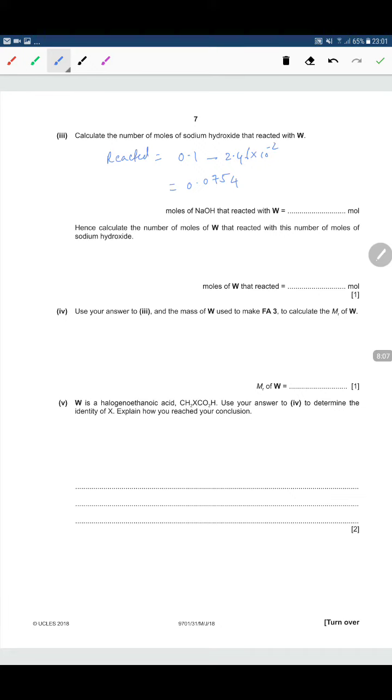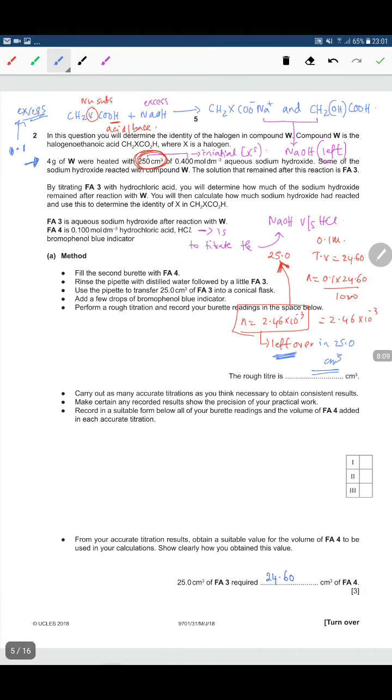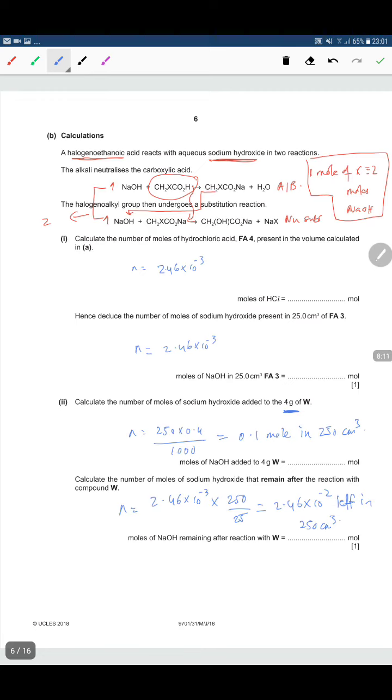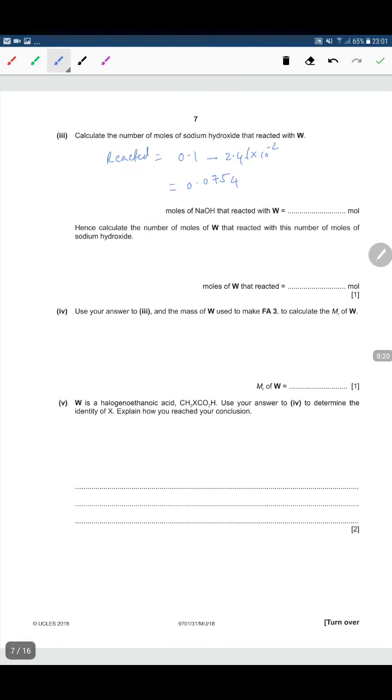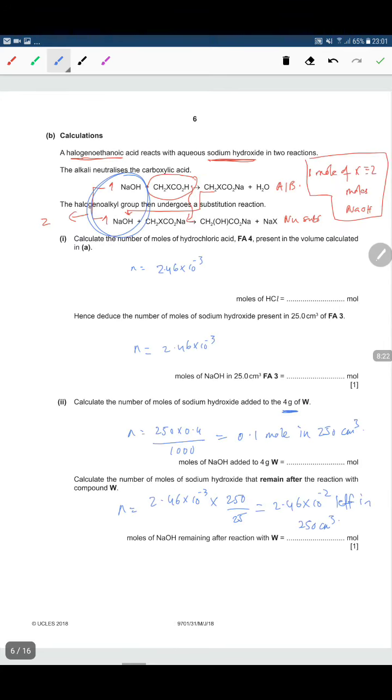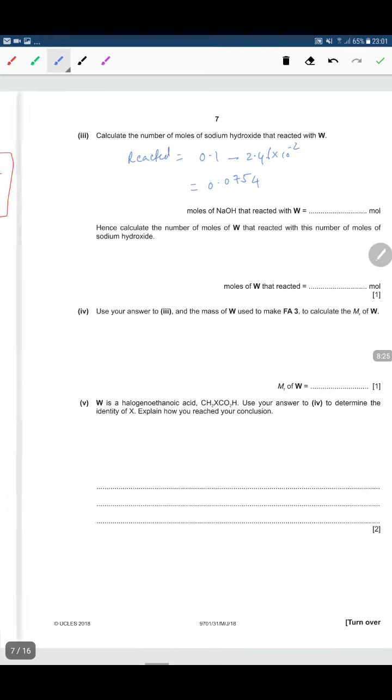Now, this is the amount reacted. So let us go back. This is the amount reacted. The amount of sodium hydroxide reacted is so much. Calculate the number of moles of W now. The ratio is 1:2.